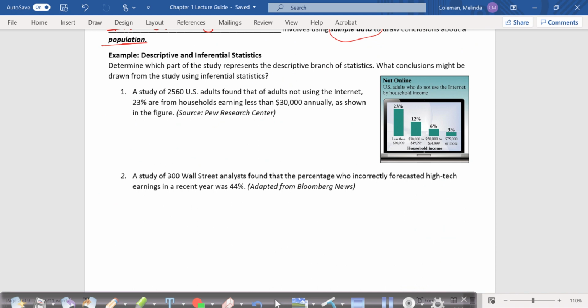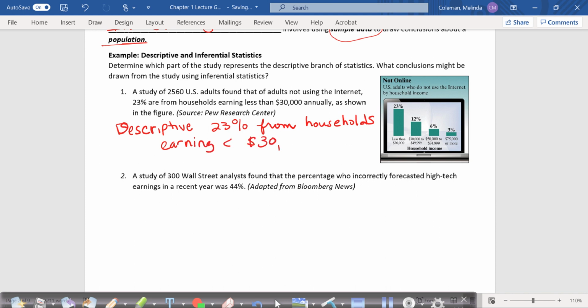So, this is then indeed the descriptive part of the statistics, which says that 23% are from households earning less than $30,000.